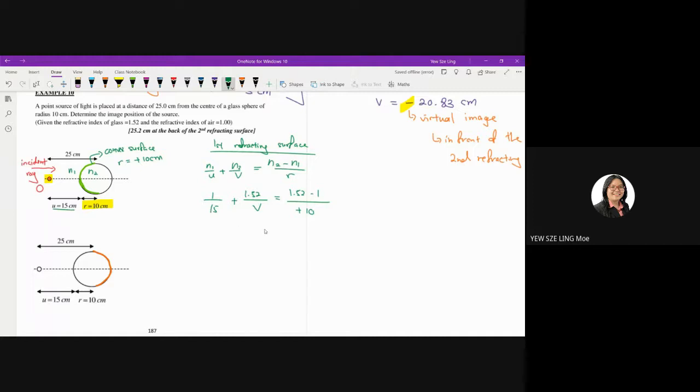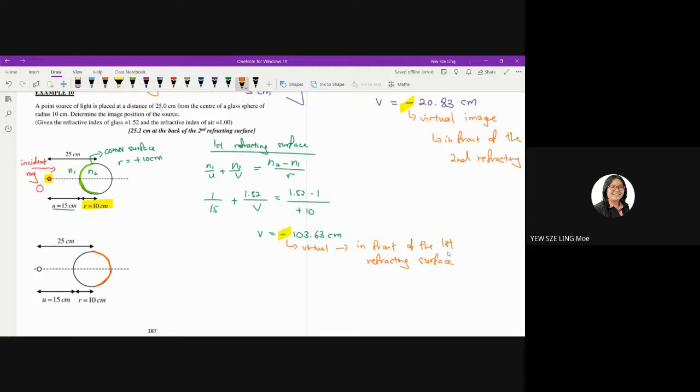If you solve it, you will obtain V equals negative 103.63 cm. What does this negative sign mean? It means you have a virtual image, and the image is located in front of the first refracting surface. That is the information we obtain based on the value of V.